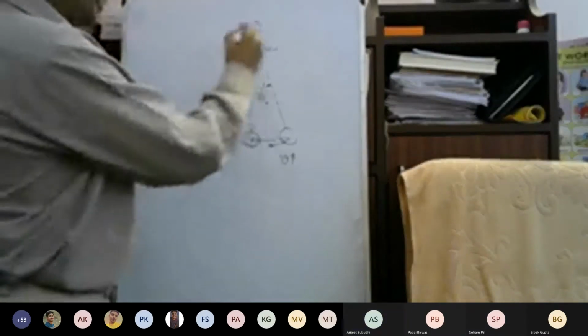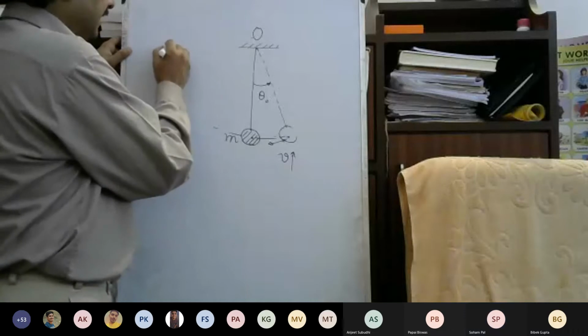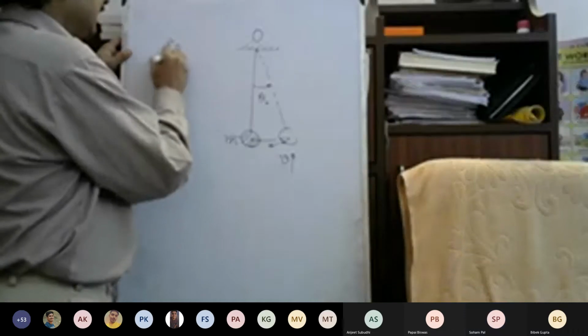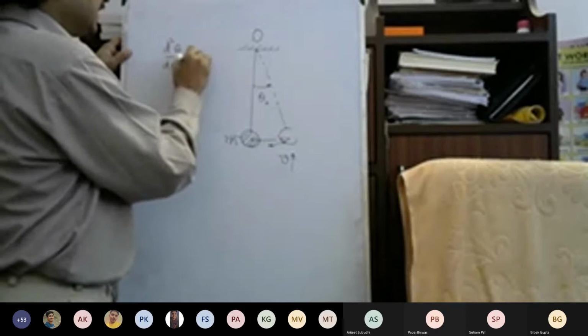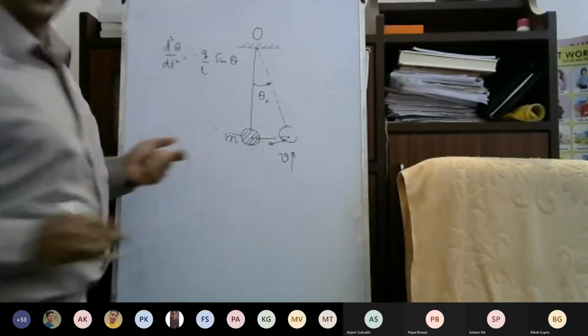But let us say when we have started this particular integration, now what I have is d2 theta dt square equal to minus g by L sine theta.